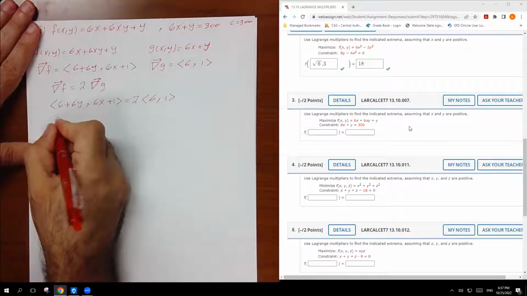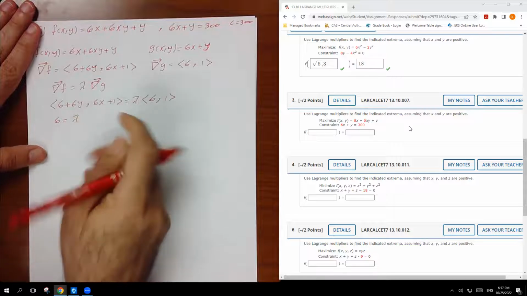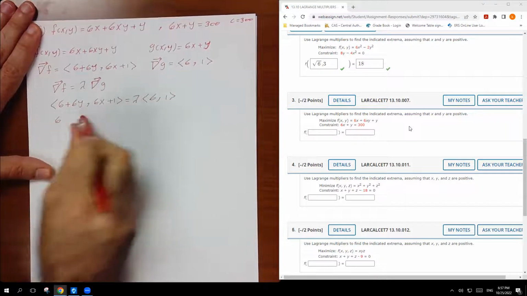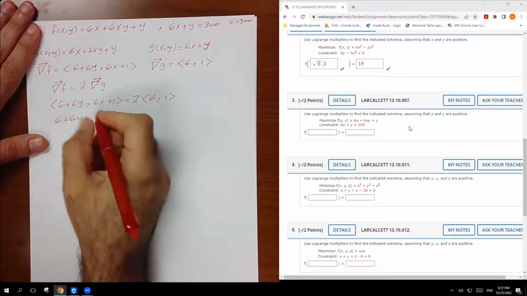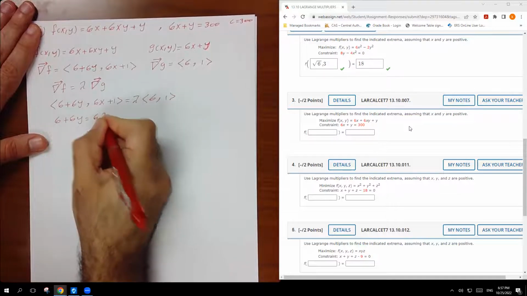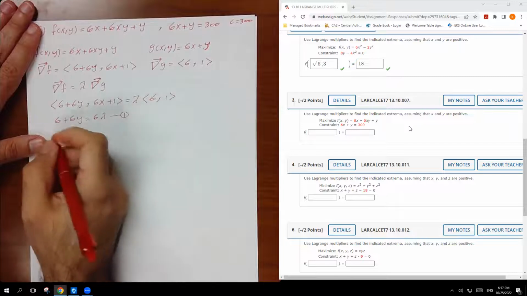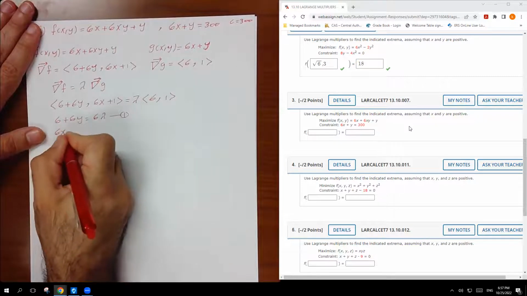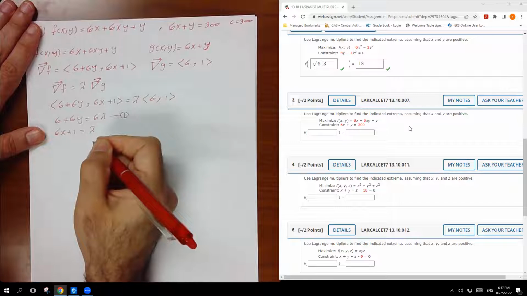6 plus 6y is going to be equal to 6 times lambda, the first equation. And the second one is going to be 6x plus 1 is equal to just lambda.